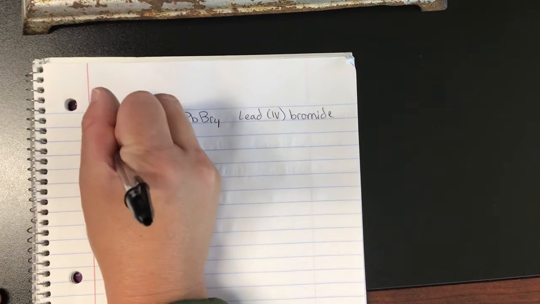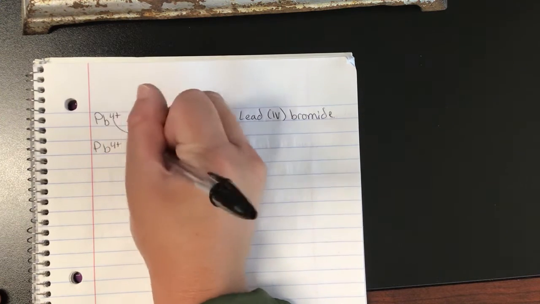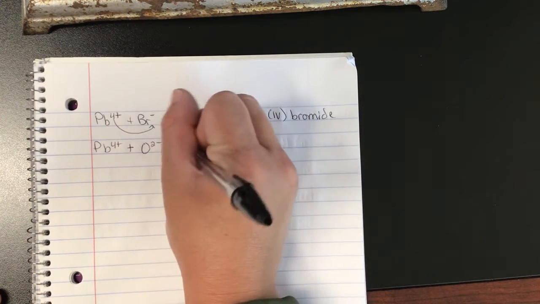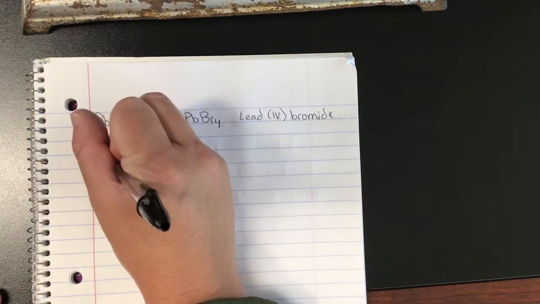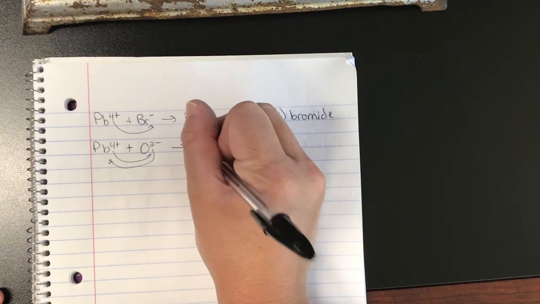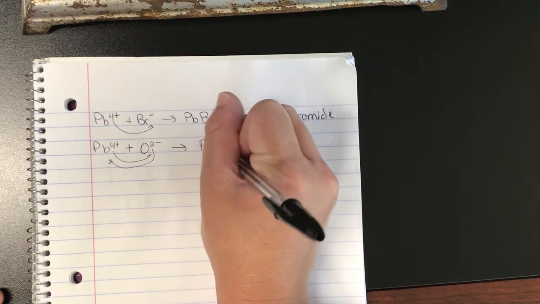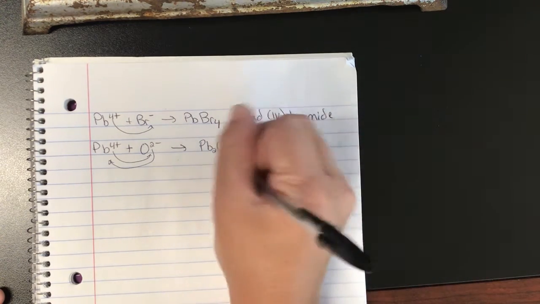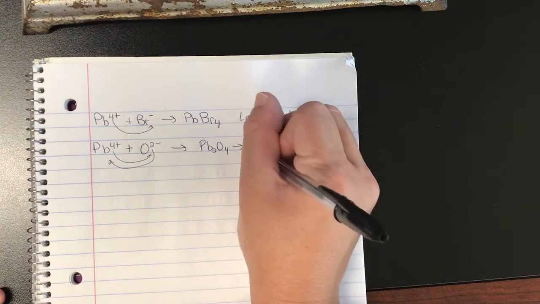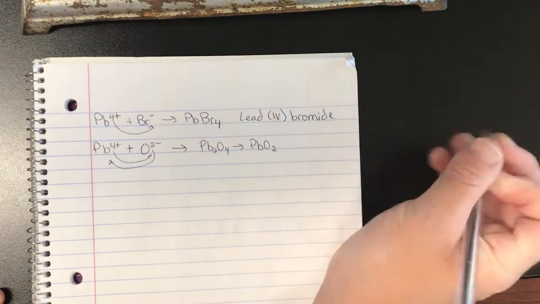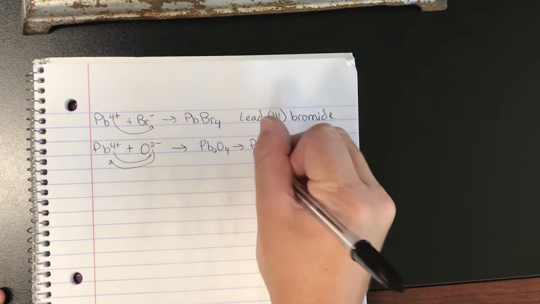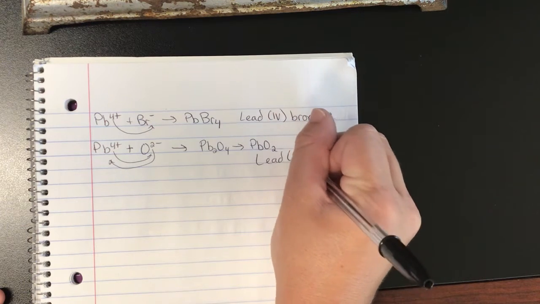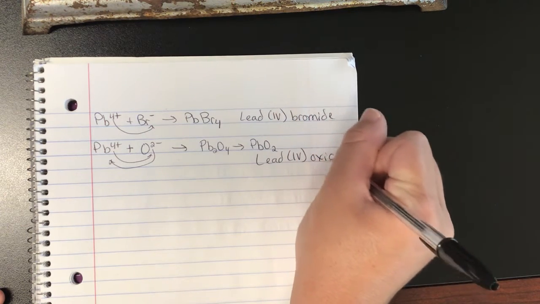Okay, then we have Pb4+ with oxide, so oxygen, so they're going to swap. When they do that, Pb2O4, but since it's an ionic compound, we need the empirical formula. So we're going to reduce it to PbO2 and then name it lead(IV) oxide.